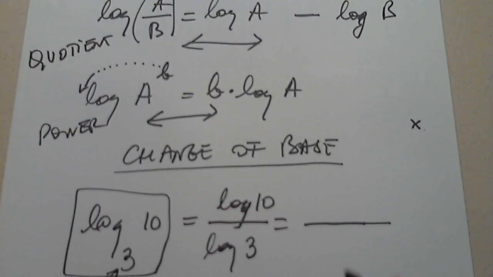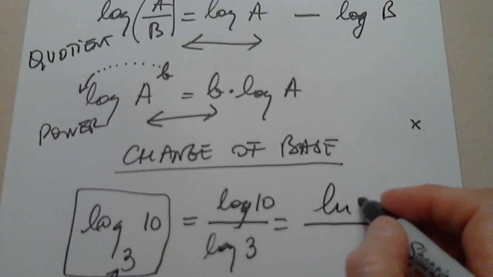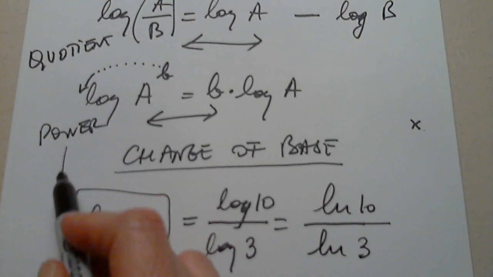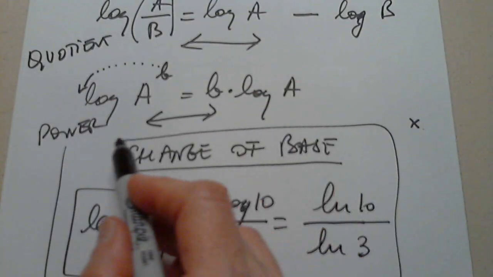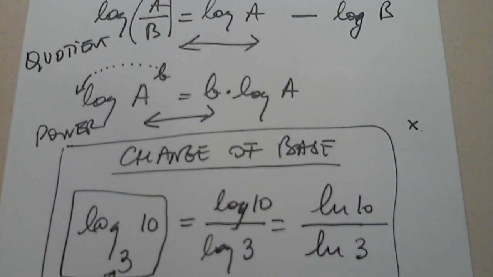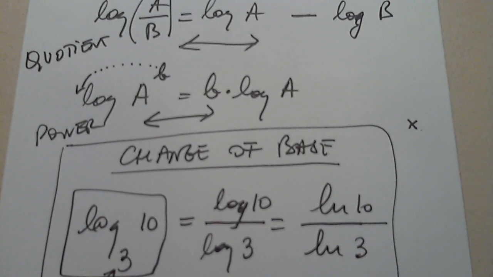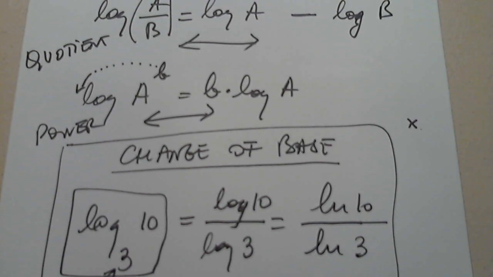So we can use the same thing, natural log of the number over natural log of the previous base. Again, this is a little bit redundant now. Let me show you why. Because the calculators are so sophisticated that there is a key here under math.